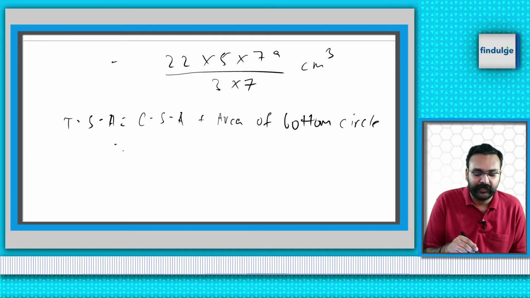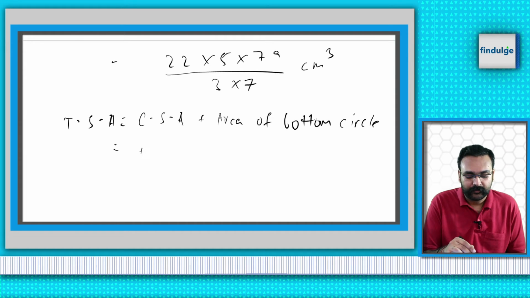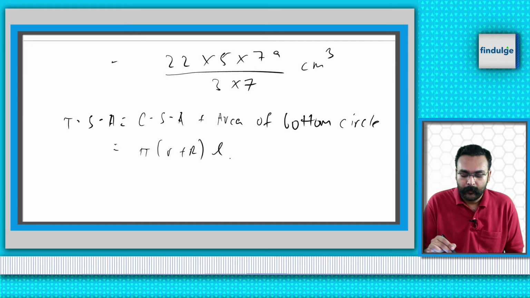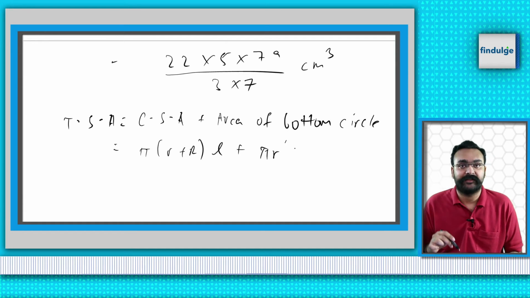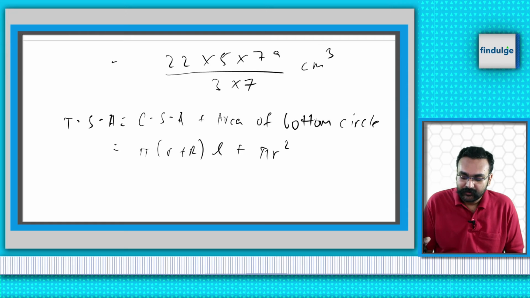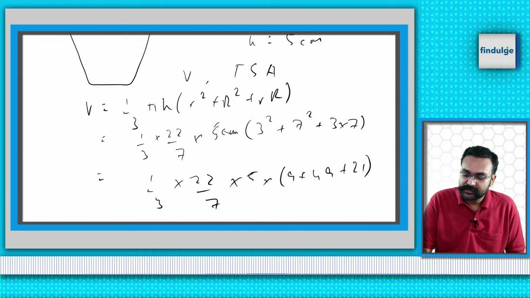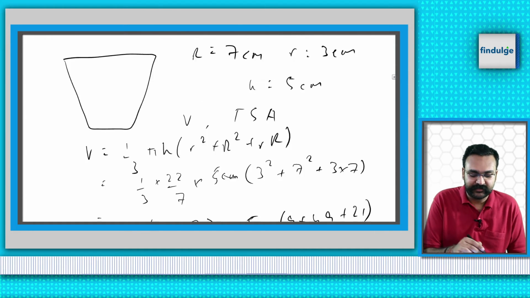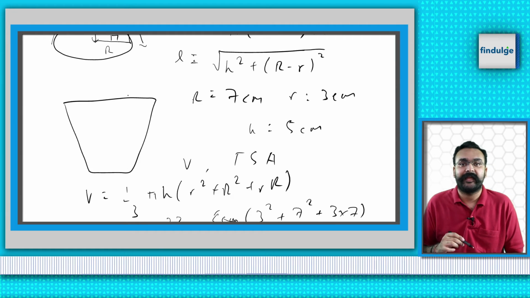So obviously that would be equal to pi (R plus r) L plus pi small r square, because here the lower side is the smaller one and the upper side is the bigger one.